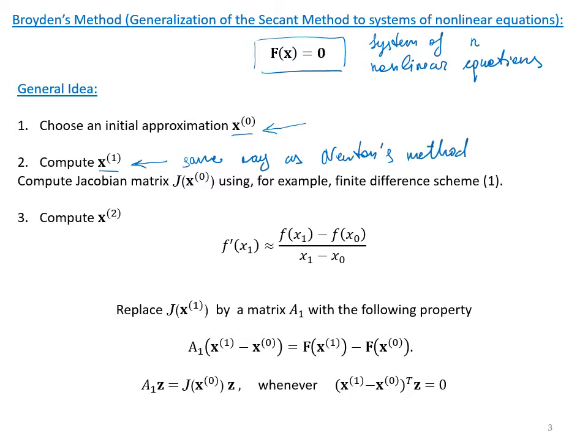At this step, when we compute the Jacobian matrix J, we can use exact formulas in order to compute partial derivatives, or we can choose finite difference approximation as I showed on the previous slide, formula 1. Then, starting from k equals 2 and all next, this is the step where we implement the difference, the so-called Broyden's method.